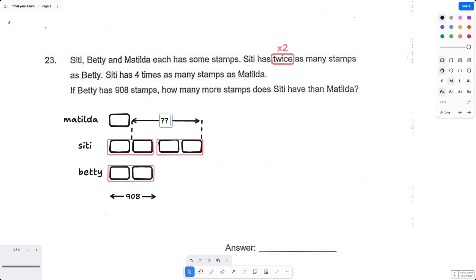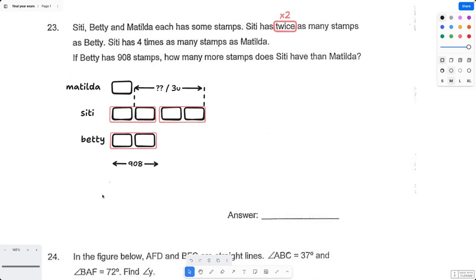Okay, so we know that in this case 2 units is equal to 908. 1 unit is equal to 908 divided by 2. So this will give us, in this case, 454, right? So if I were to give you a simple hack, basically 908 is equal to 900 divided by 2, right?